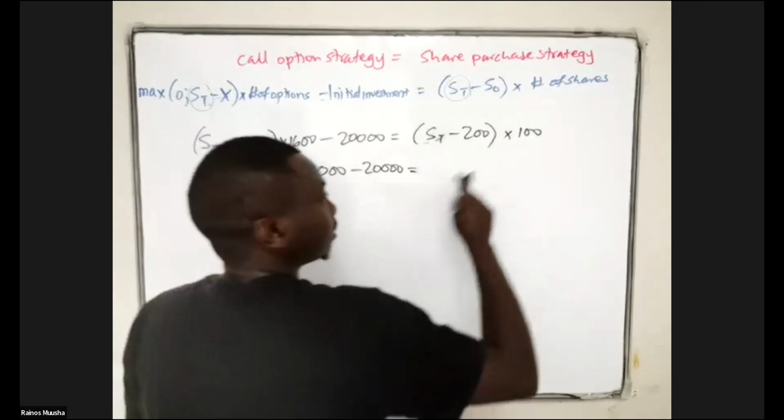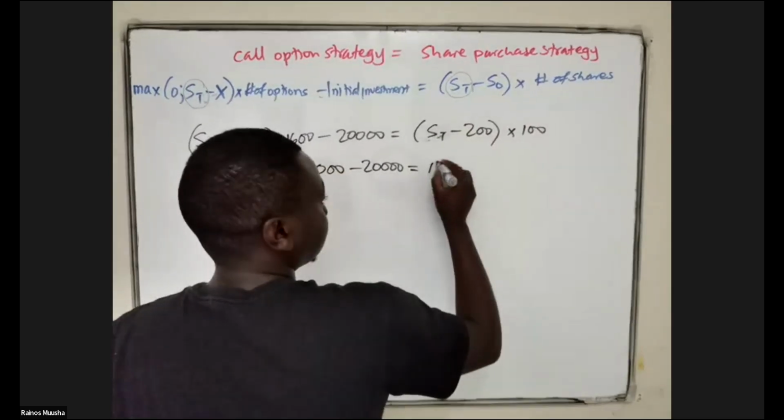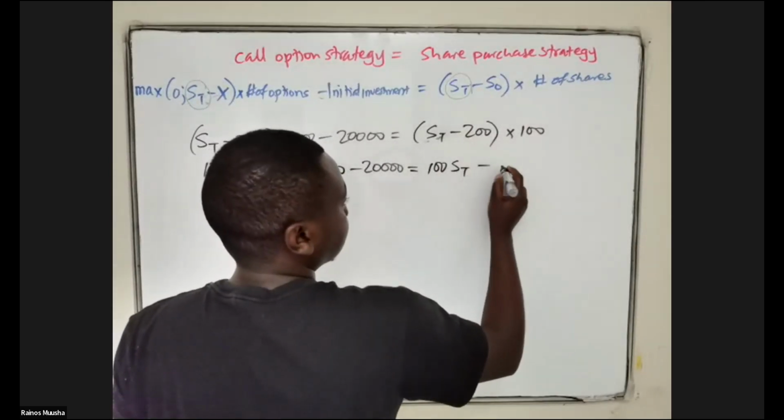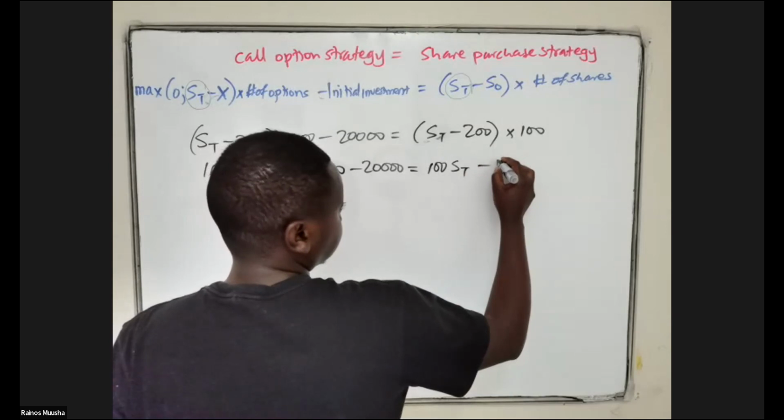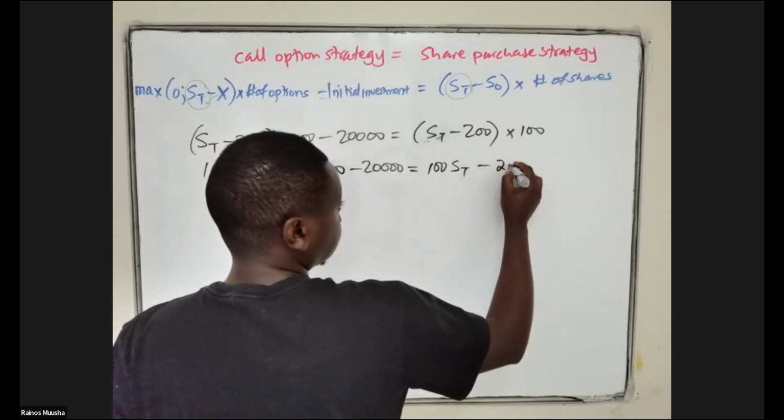So we get 328,000 minus 20,000 should be equal to 100 times ST gives us 100 ST, and 100 times 200, how much do you get? 20,000, sorry.